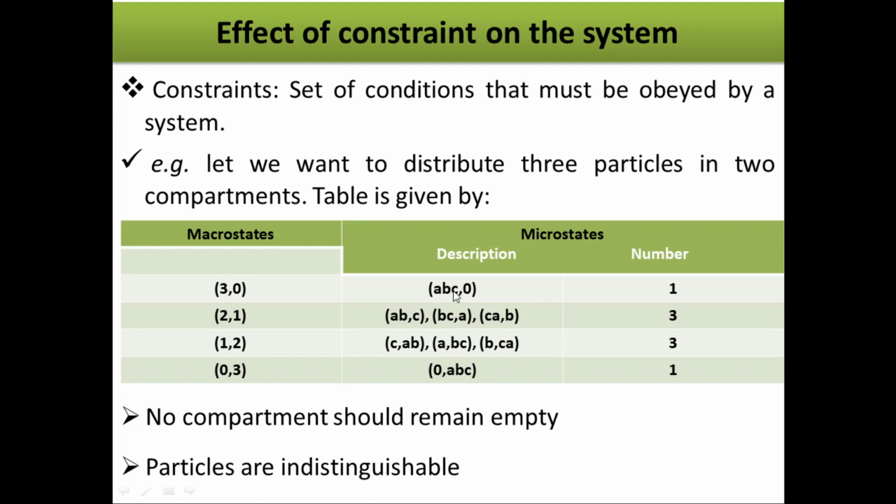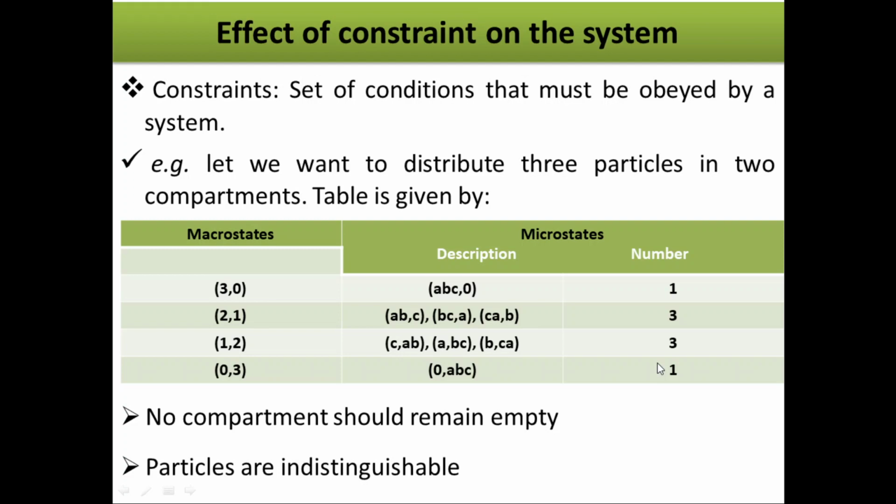So the number of microstates is 1 for each.